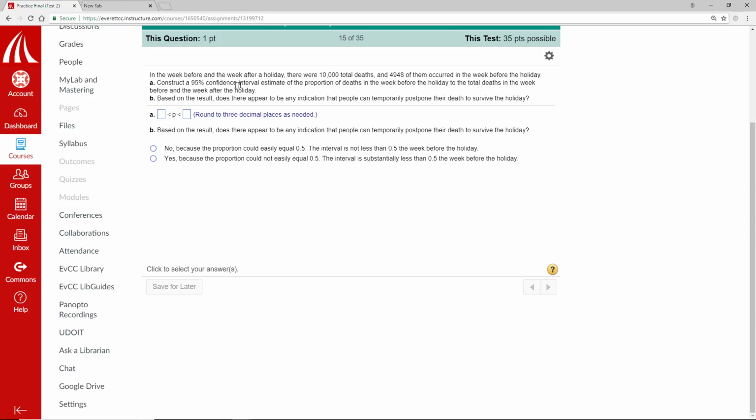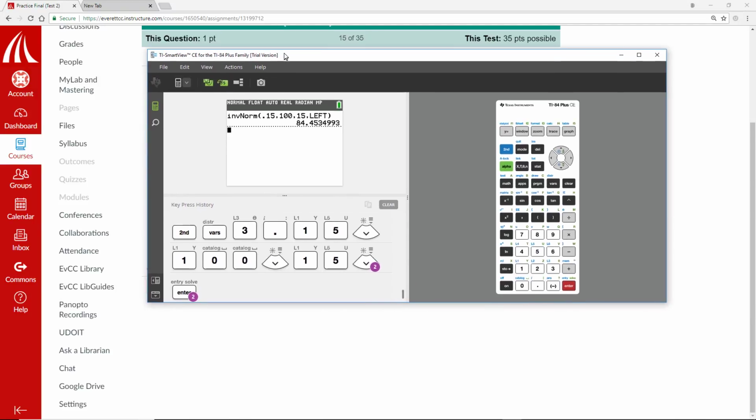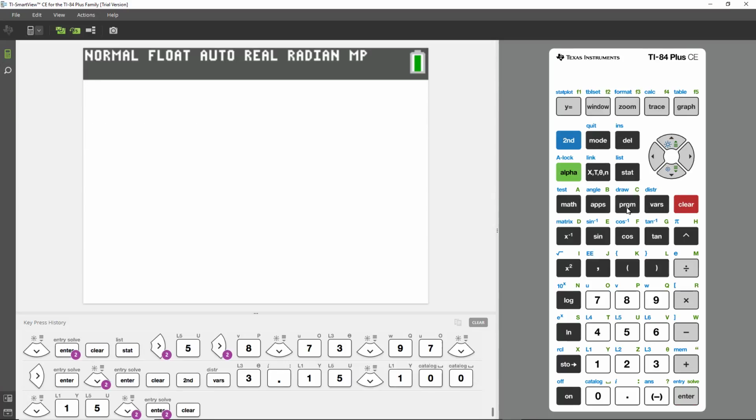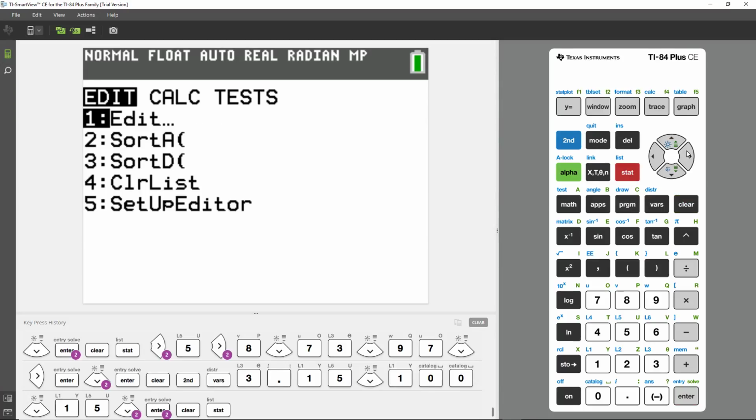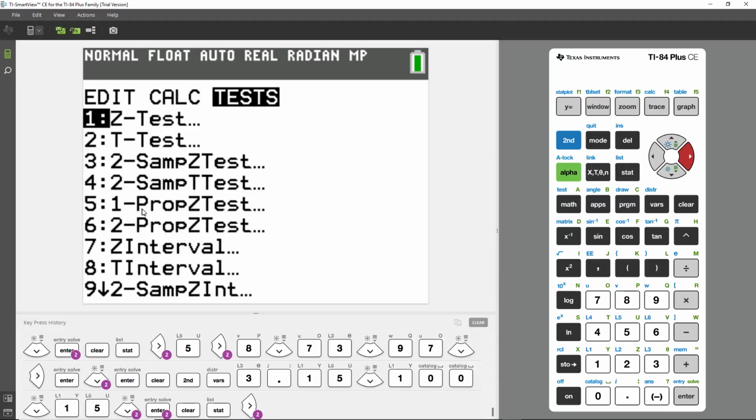We're going to construct a 95% confidence interval, and all we're given is that out of 10,000 deaths, 4,948 of them occurred in the week before the holiday. So that's almost half. Let's use this. So where are we going to go for this? Well, this is actually going to be a one prop z-test, or one prop z-interval.